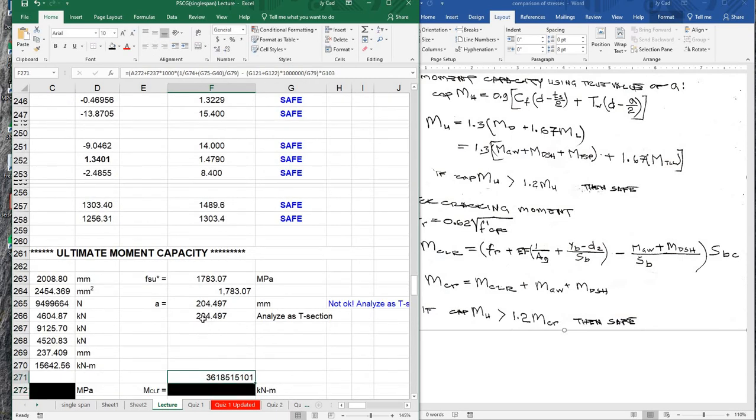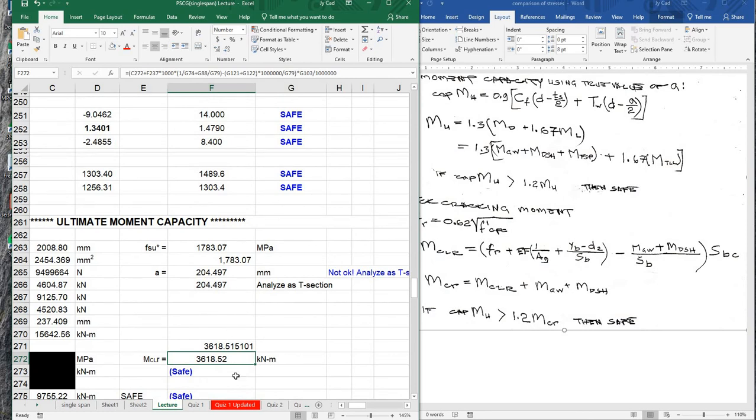Okay, next is, but this is in Newton millimeter, kaya i-convert natin siya ng kilonewton meter. So all you have to do is divide this by 1 million para maging kilonewton meter. So let's check. Ayan, so it is the same. And then, we can now compute your cracking moment, MCR.